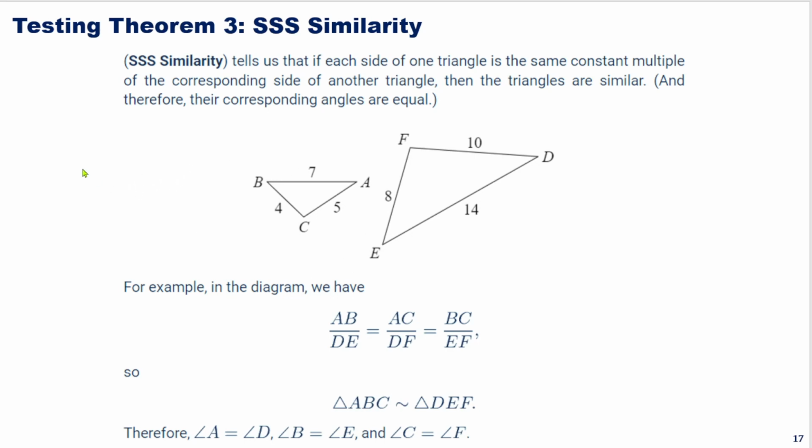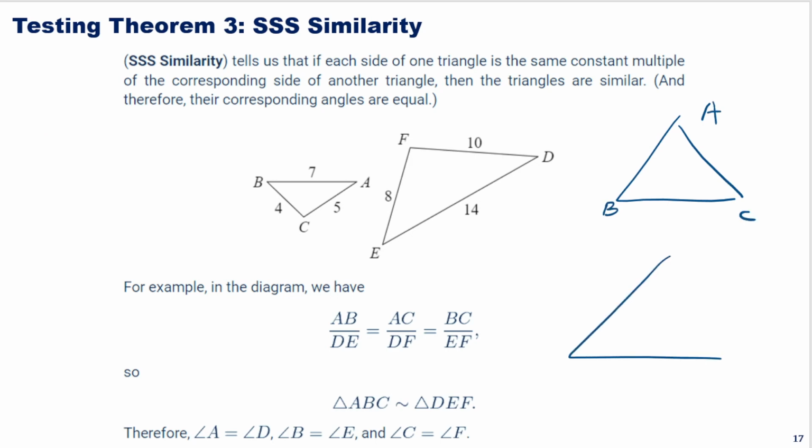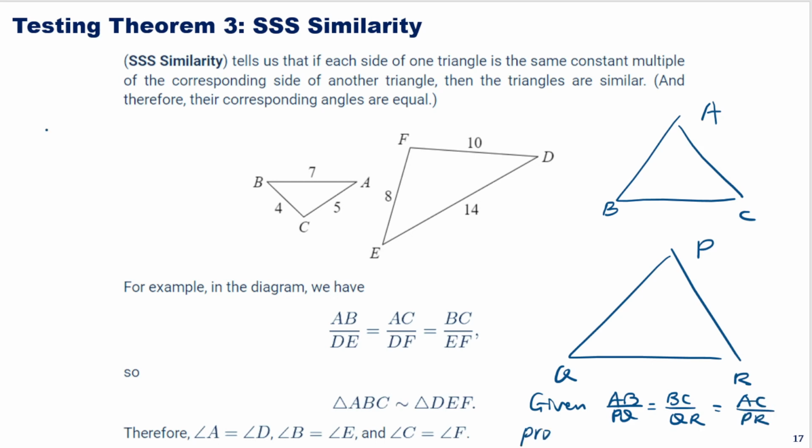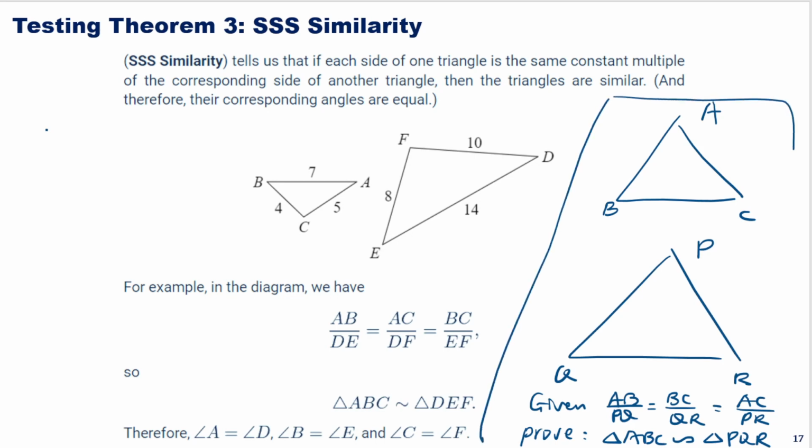Which means, if you have a triangle ABC, another triangle PQR, given AB over PQ equals BC over QR equals AC over PR, can you prove triangle ABC is actually similar to triangle PQR? If you have already finished that, think about this question, okay?